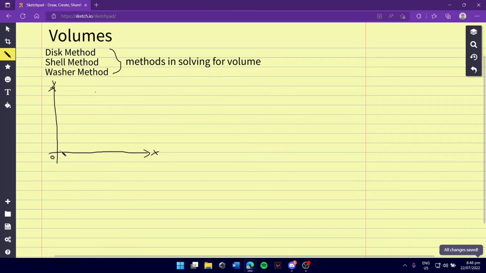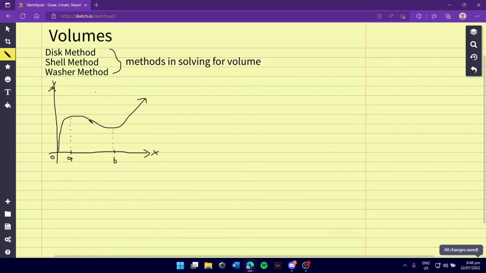So for instance, this is your curve. So this is your point A, and this is your point B. So we're gonna find the volume between point A and point B.